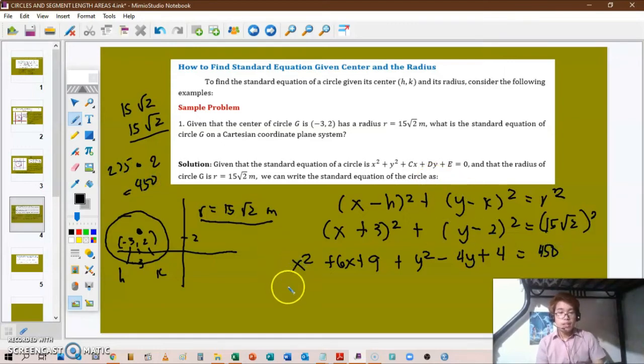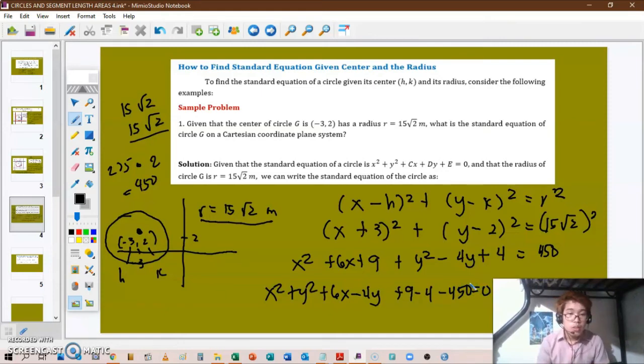Okay, solving for the standard equation, we have x² + y² + 6x − 4y + 9 − 4 − 450 = 0. And 9, okay, wait a minute. Positive 9, so this is also plus 4. 9 plus 4, and then minus 450.